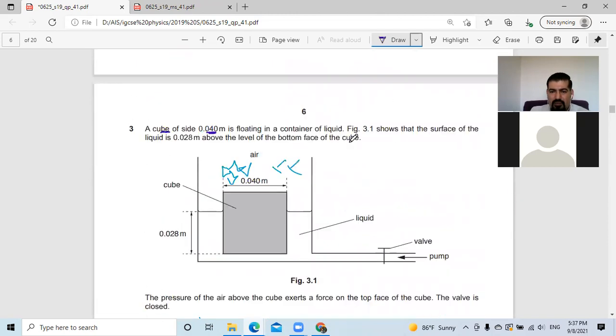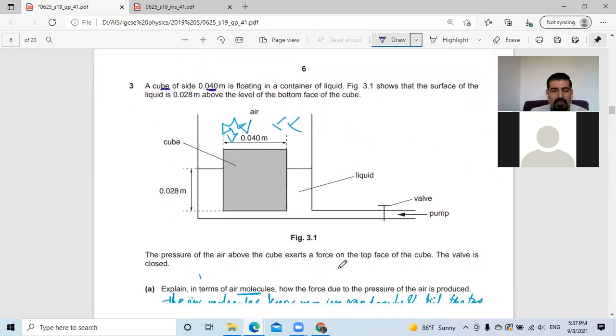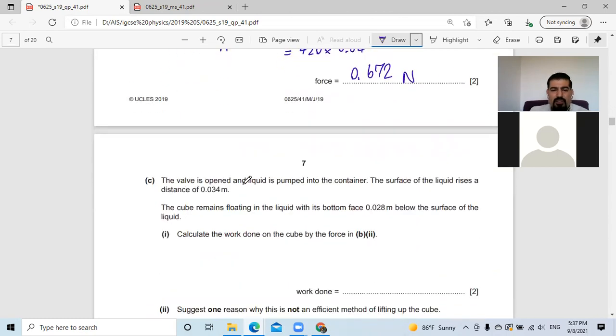Now next, they said the valve is open. Now this valve is open and liquid gets inside. The liquid is pumped into the container. The surface of the liquid rises a distance of 0.034 meter. It was at a certain depth, and it rises.